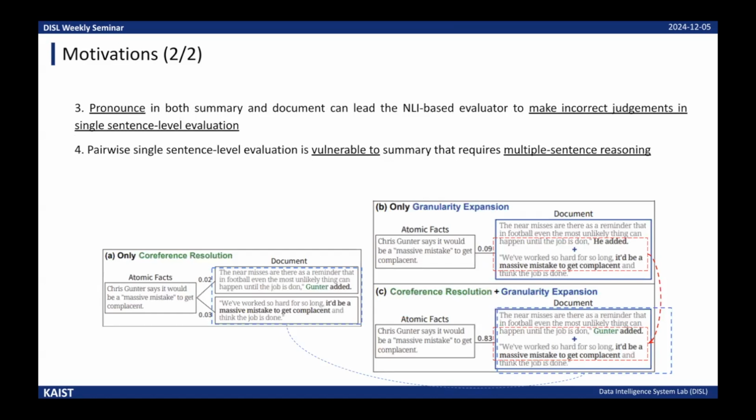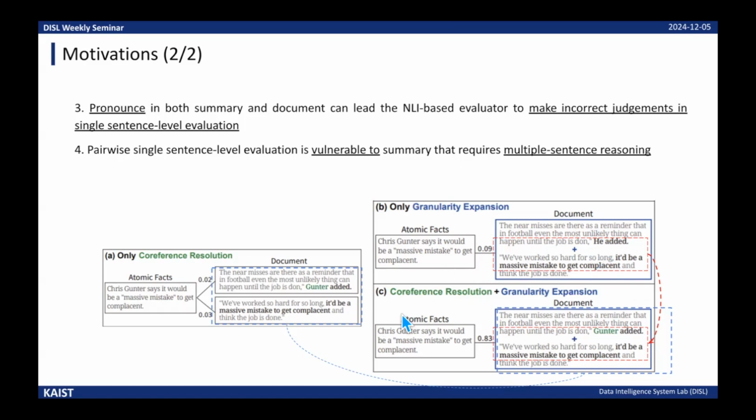The third issue is that when pronouns appear in either the summary or the original document, evaluating at the sentence level can lead to incorrect assessments. For example, as shown in B, when we have a sentence like "he added, it would be a massive something", and compare it with its atomic facts, we cannot verify if "he" is Gunter, resulting in a low score.